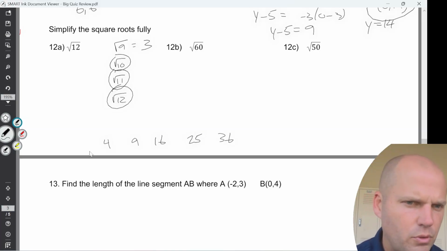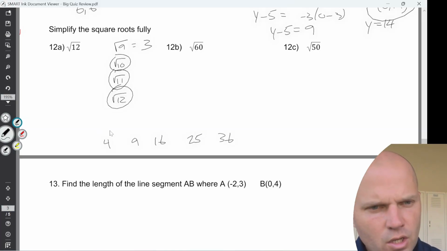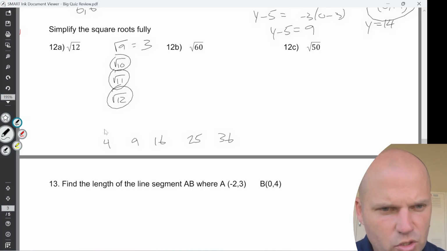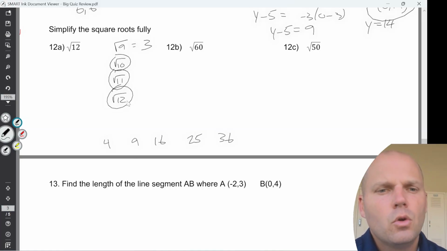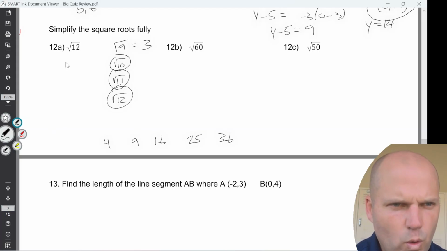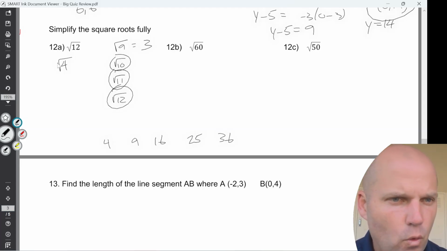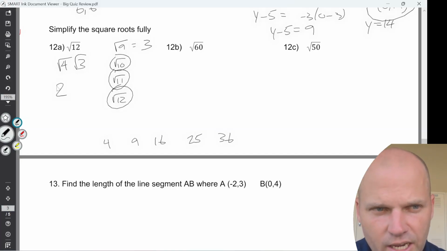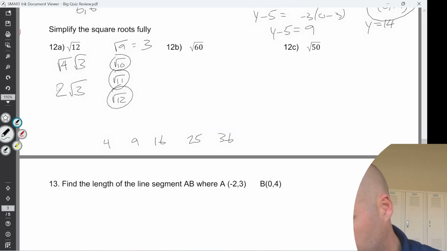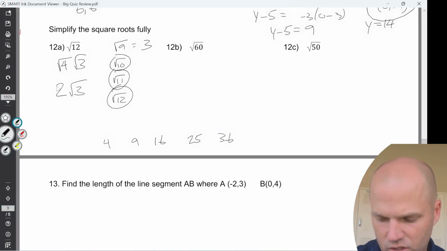You should be able to produce these numbers yourself. The square root of 4 is 2 because 2 squared is 4. The square root of 9 is 3 because 3 squared is 9. We say, oh, root 12 is root 4 perfect square times root 3. The square root of 4 is the nice number 2. The square root of 3 is not a nice number. It's just the square root of 3.